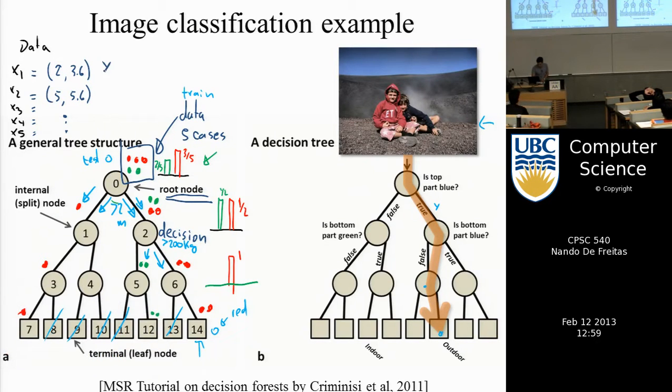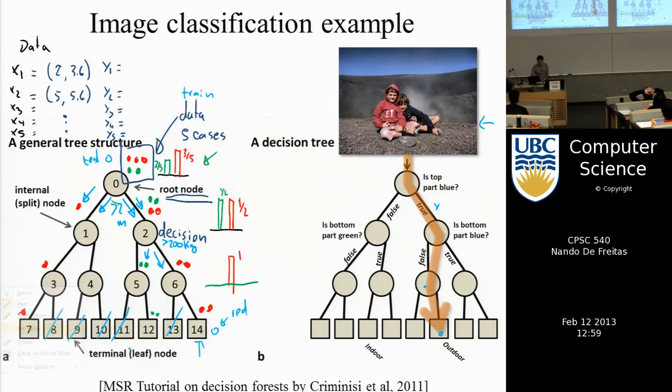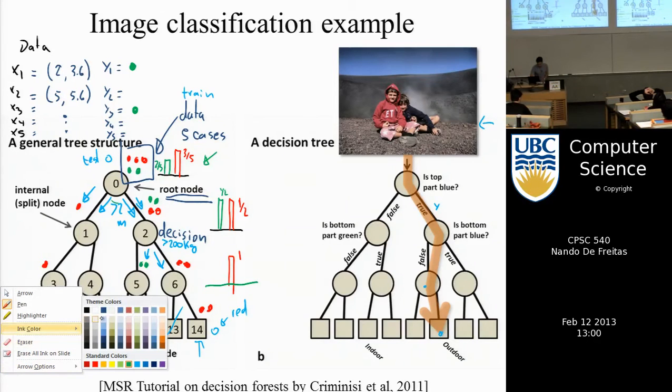And that label, I'm going to denote y1 and y2, y3, y4, y5. And that label just says what class you belong to. So in this case, there are 2 guys that are green, and 3 guys that are red.